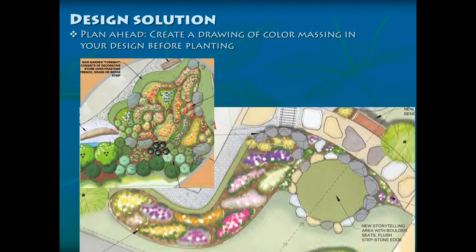And you have to plan a little bit more if you want a range of colors. So you can just do a little drawing of your garden, and it doesn't have to be fancy like this. You can just get out your color pencils or your markers and think about what colors you want, where you're going to place them, and then check your plant lists to see which plants exhibit those colors.